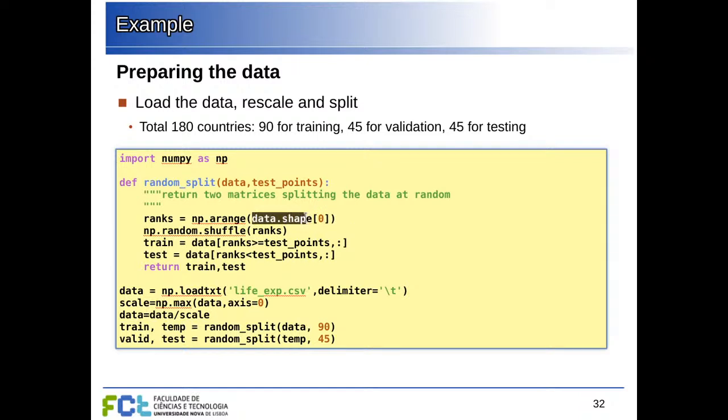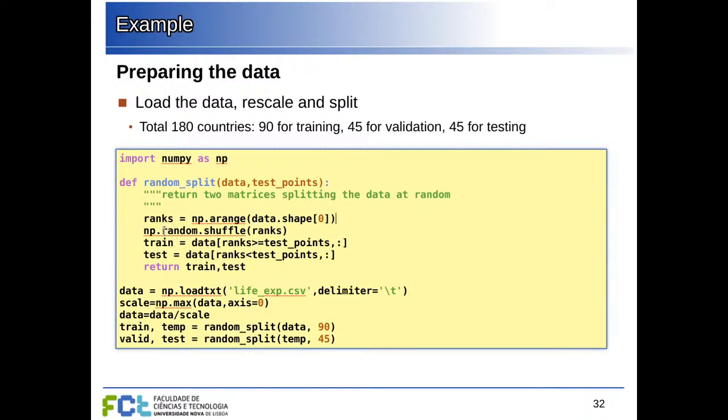The shape is a tuple with the length in all the different dimensions. And so the first one is the length along the rows. In other words, shape 0 is the number of rows in your matrix. So by doing this, we get in ranks a vector that has 0, 1, 2, and so on, and as many values as the number of rows in the matrix. And this is basically the set of indexes for the rows in the matrix.